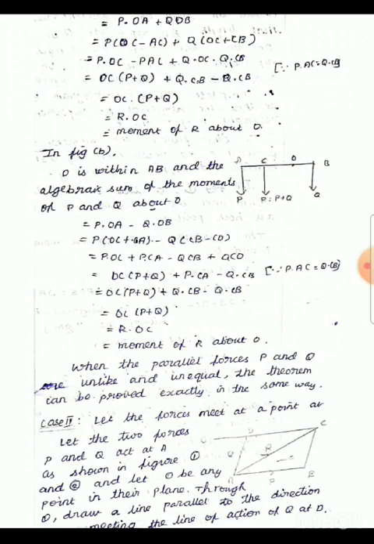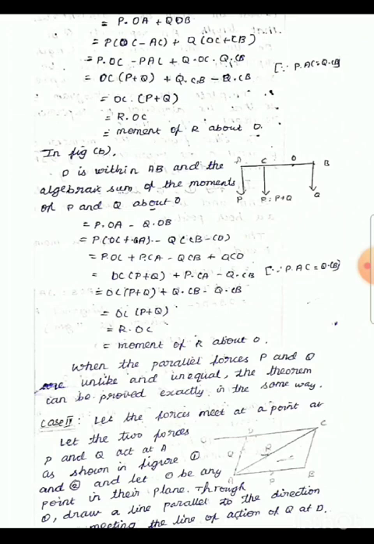We get OC of P plus Q plus Q dot CB minus Q dot CB. Cancelling these two, we get OC of P plus Q, and P plus Q is nothing but R. So we get R dot OC, which is the moment of R about O.